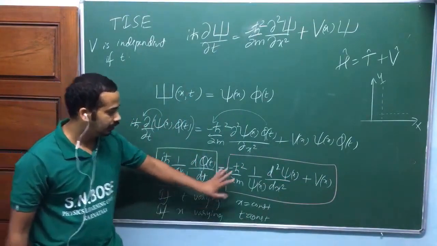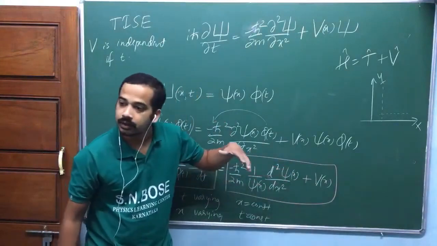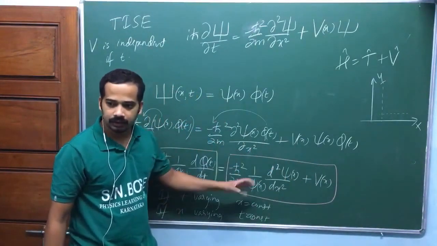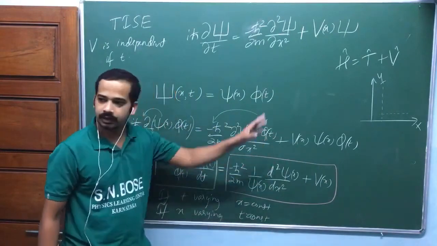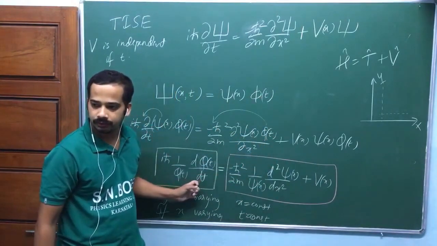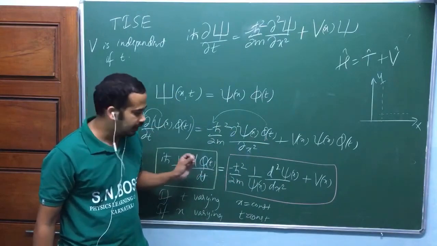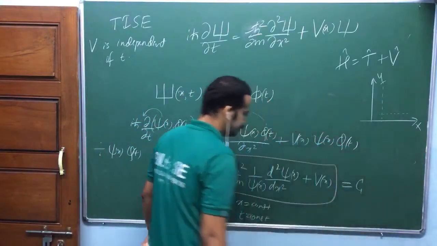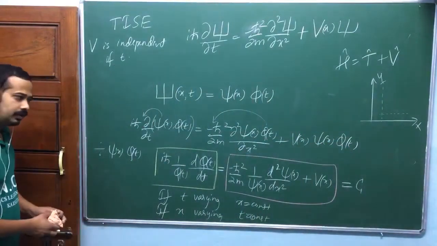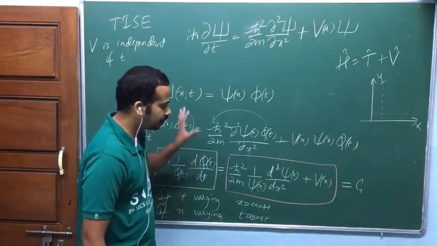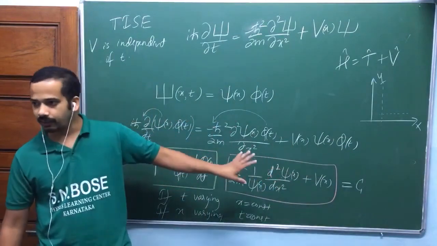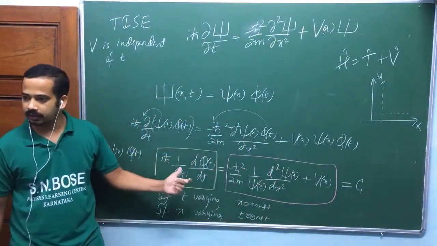This will vary from the initial value, but this will not vary. So that's why this can happen only when both of them are equal to some constant. This should be constant, this should be also constant, then only this kind of relation is valid. Write down again, think over it.